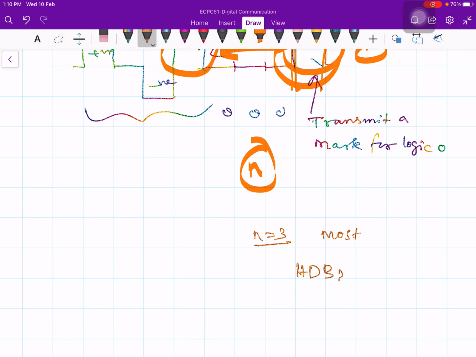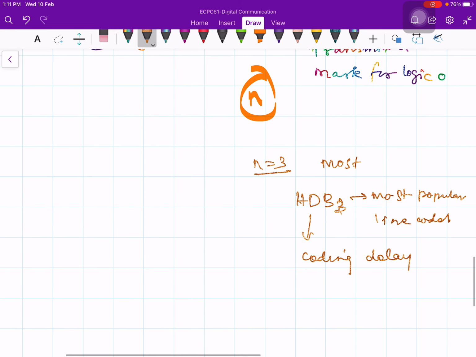HDB3, most popular line codes. And the drawback is there is a coding delay. In case you get 3 zeros, then you have to wait and see what the next bit is. Then only you can decide whether this is 0 or 1. So there will be some delay in this code.